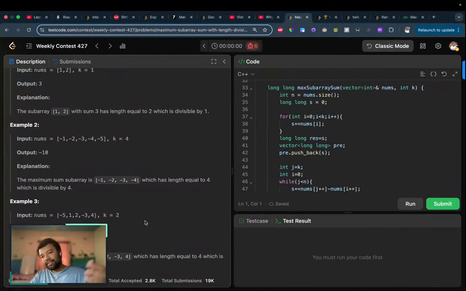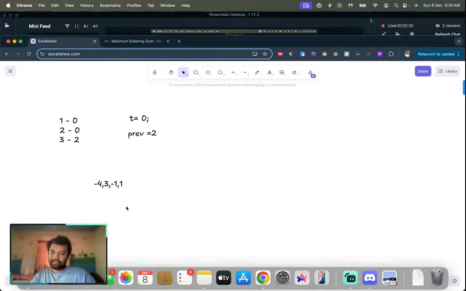Then I realized that if I take these two numbers, they will have an intersection, so obviously I can't take both. If k equals 2 and I take these two and these two, they don't have any intersection between them, so I can actually take these.